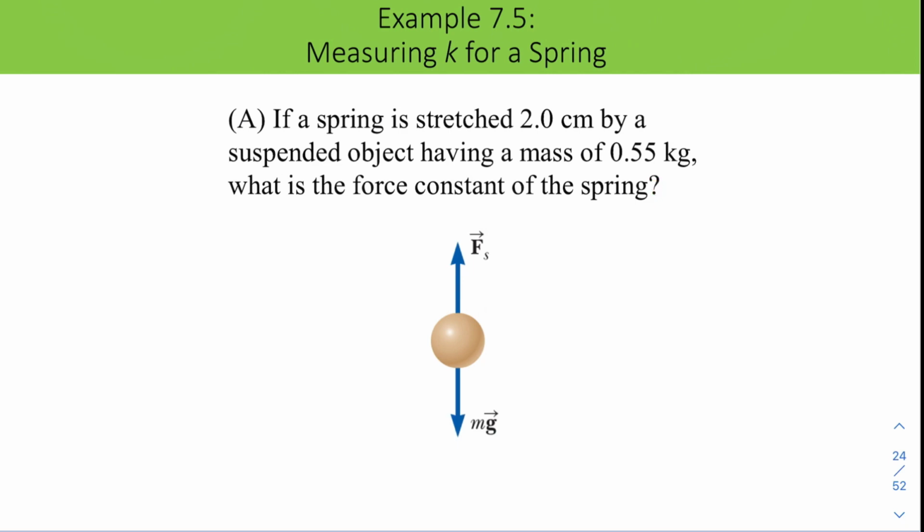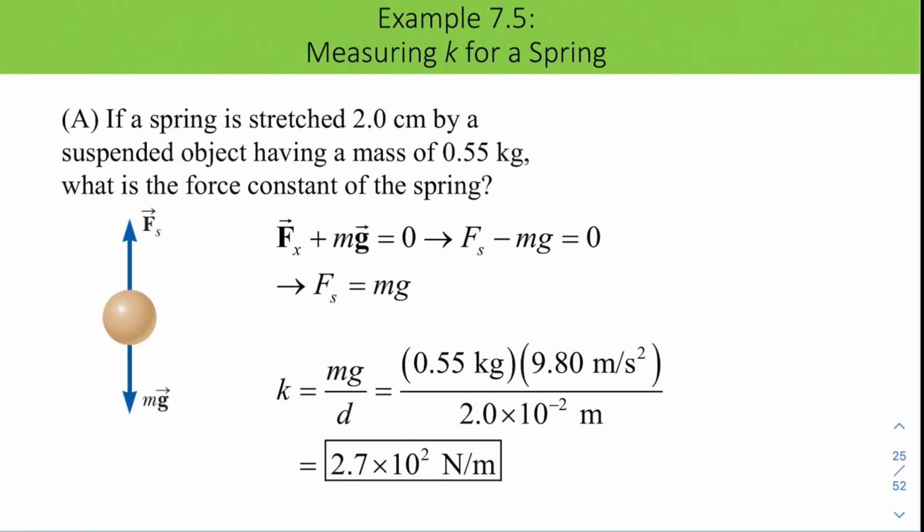So we want to determine the k. In this case, this is our object just now. It has weight downward and it has spring force upward. So from here, summation of Fy is equivalent to ma, and it's not in motion yet, so a is 0.